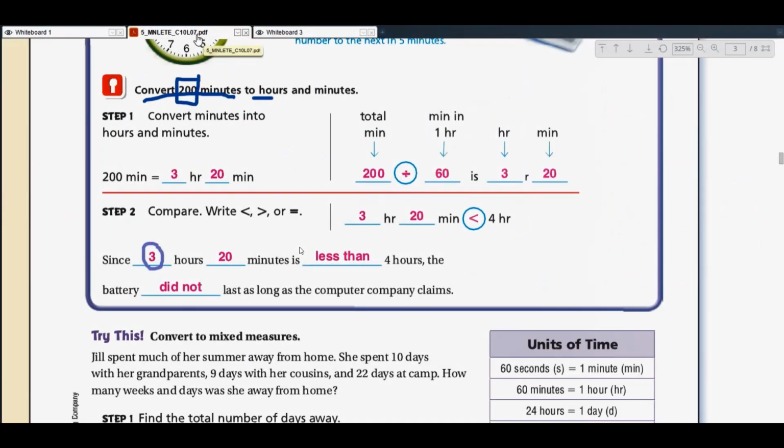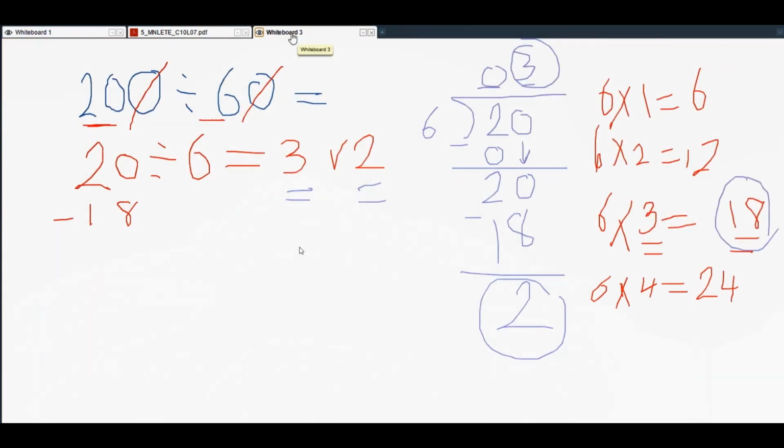So we have 3 as a whole number and 2 as a remainder. If you want to convert this into a mixed number, you have to put the whole number first, and the numerator is 2 as the remainder, and the denominator will be 6.